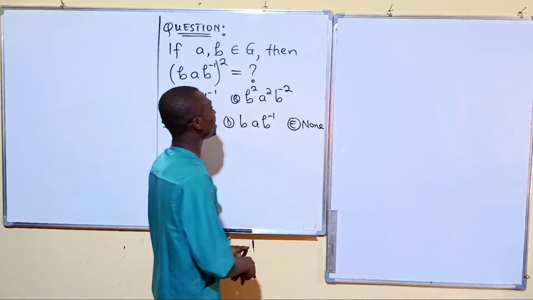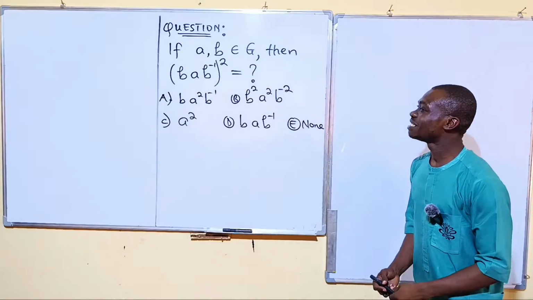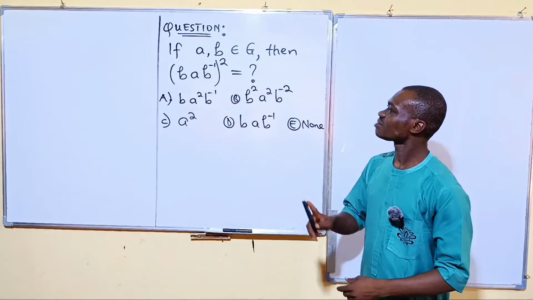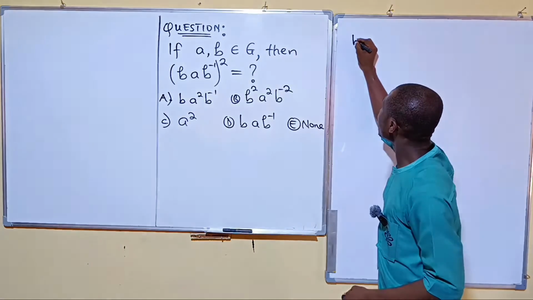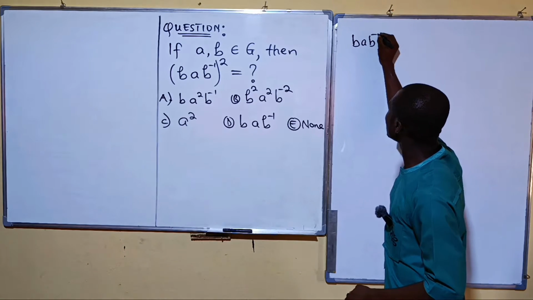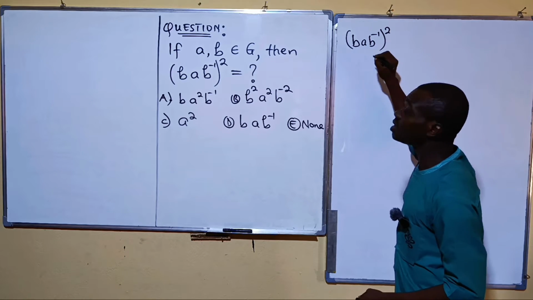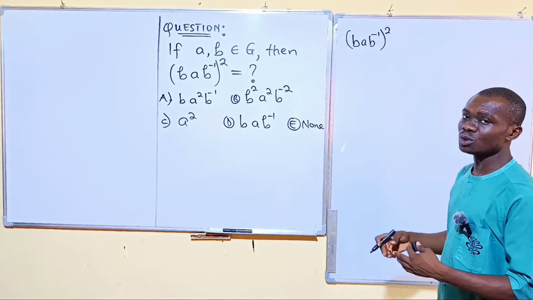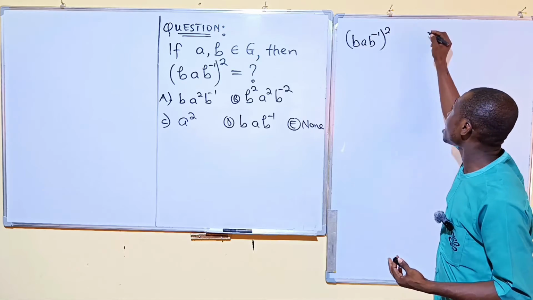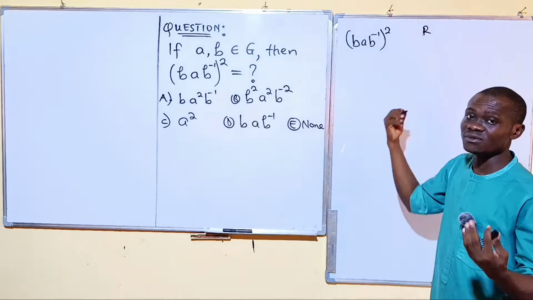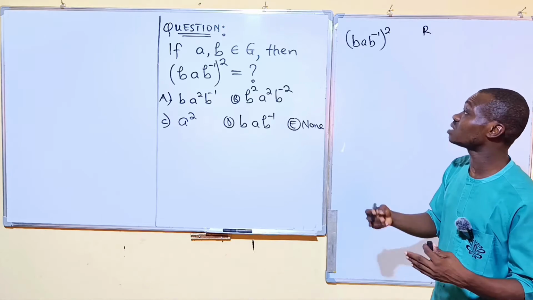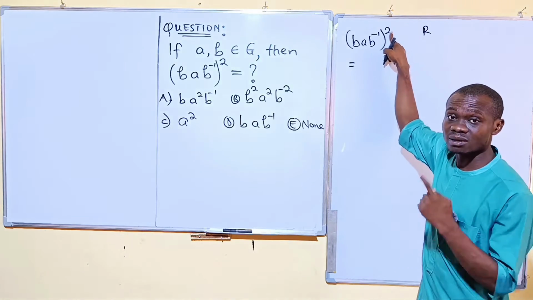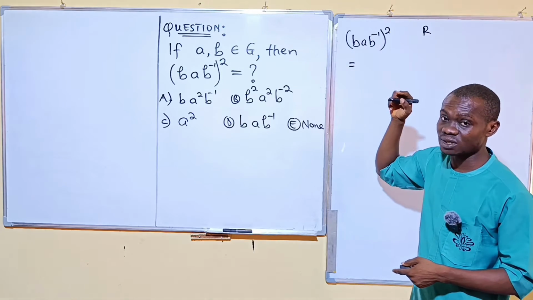If you look at it very well, if you are not careful, you would pick this. Because of course, if I have (AB inverse) all squared, by normal mathematics, using your usual sets such as R, C, integers, rational numbers, you know that you are allowed to open that, since power is distributive over multiplication.